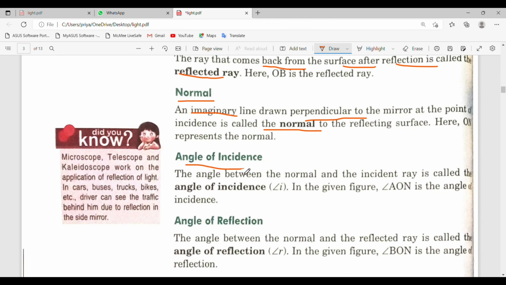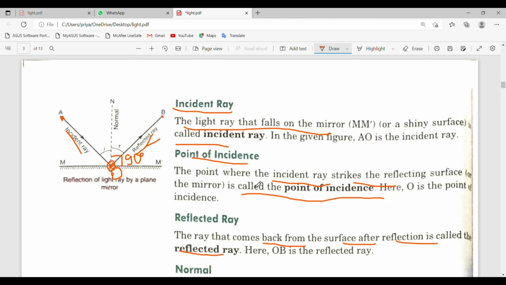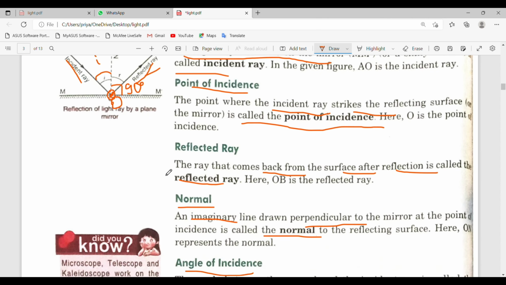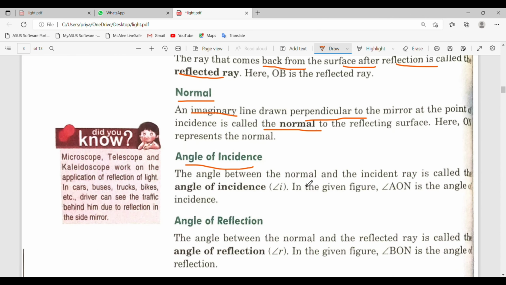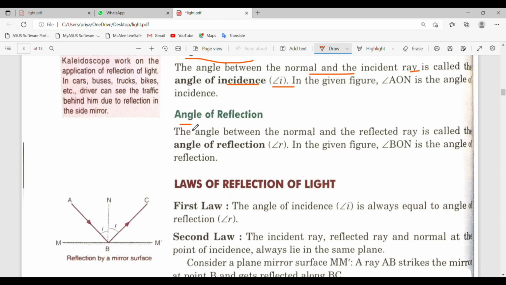Next is angle of incidence. See in the diagram, the angle of incidence is the angle between the incident ray and the normal, and it is denoted by I. Then angle of reflection.